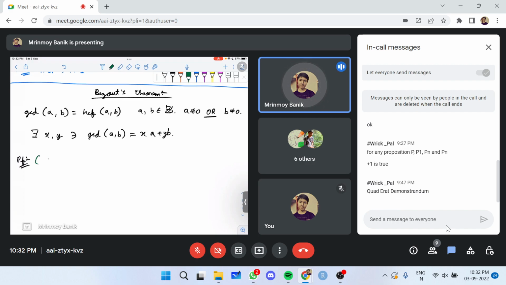So we want to use the well ordering principle to prove this. We can take S to be the set of all possible numbers, the span of the elements of the form ax plus by.